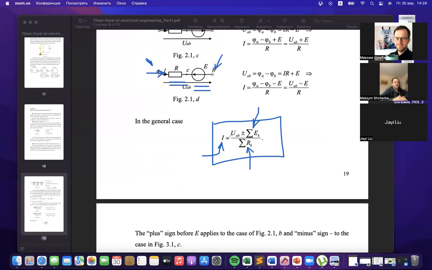Only one main restriction: there shouldn't be any additional connections with other branches to divide the current. That is why the current stays the same, only one value. It is the most general form for this current.